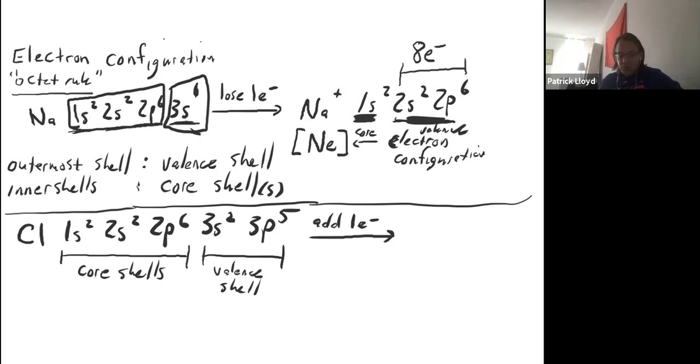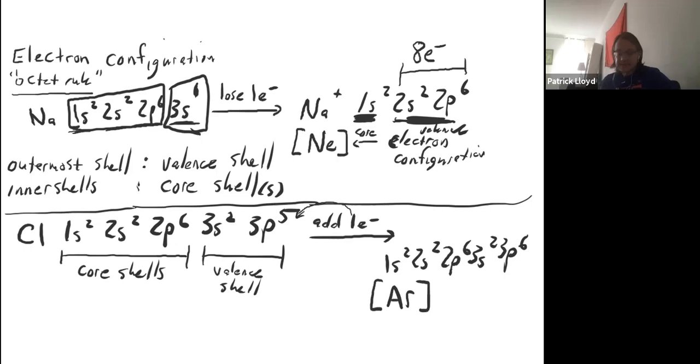So if you put one more in, it's going to go into the outermost subshell. So this is the outermost subshell. So what you'll get is 1s2, 2s2, 2p6, 3s2, 3p6. And that is the same configuration as argon, element number 18.